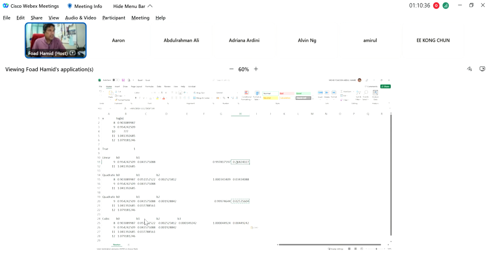So this is 10 to the minus 1, this is 10 to the minus 2, and now this is 10 to the minus 3. So as the order of the polynomial gets higher, the error gets lesser and lesser. Okay, so that's the idea behind interpolation.